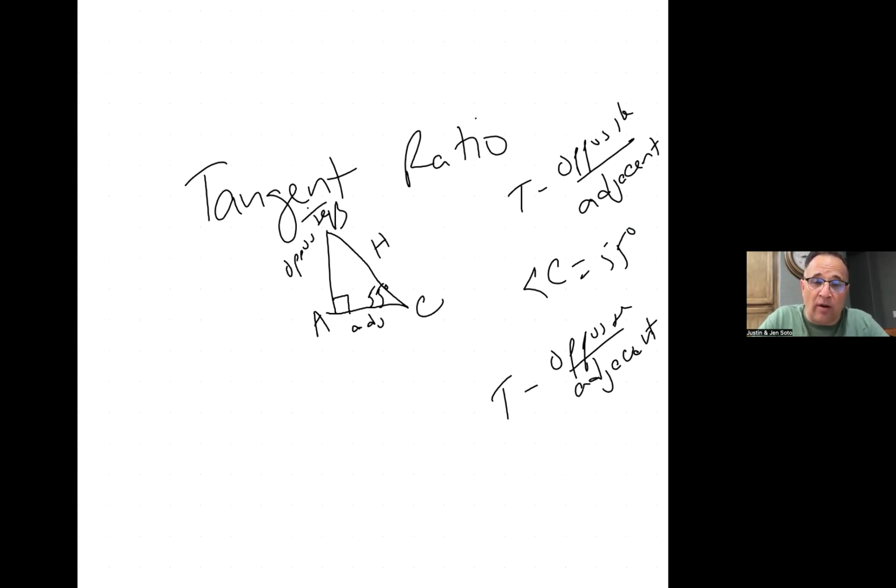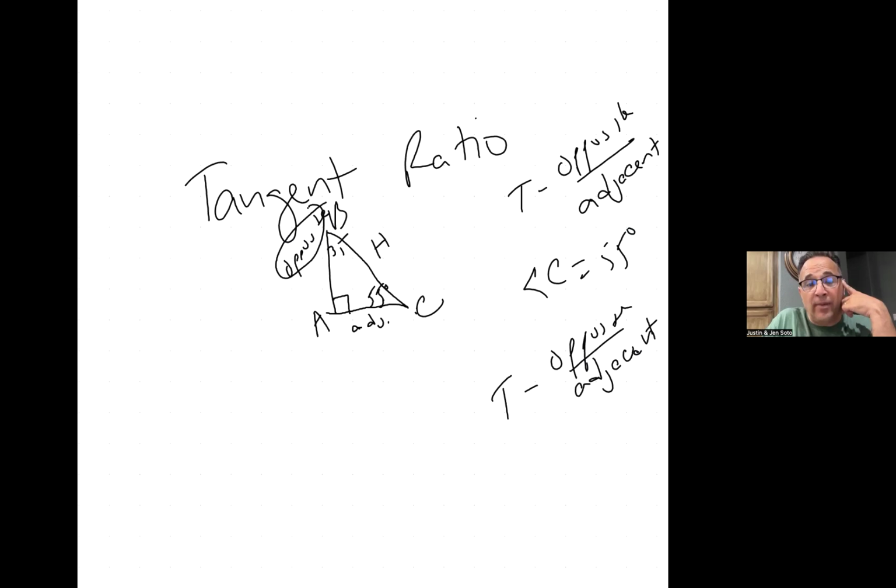We're talking about the line segments here, not the angles. So angle C is right here. That's 55 degrees. Of course, A is 90 degrees, and this would be 35 degrees, because 35 and 55 would be 90, right? So in this capacity, angle C is basically saying tangent 55. I'll show you how to throw that in your calculator in a minute.